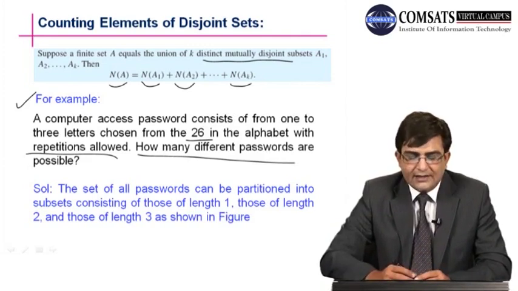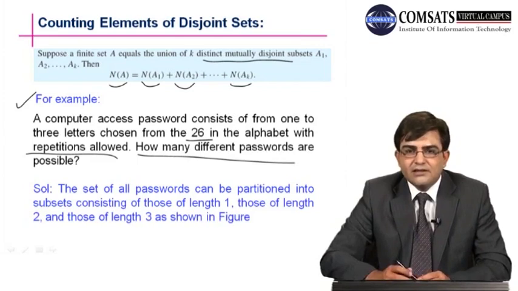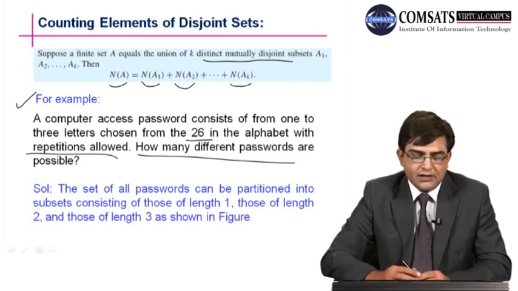And in the second set, we suppose that the passwords are of length 2. That is, this set contains only those passwords which contain only 2 alphabets. It could be the same letter, it could be different letters, because the repetitions are allowed here.